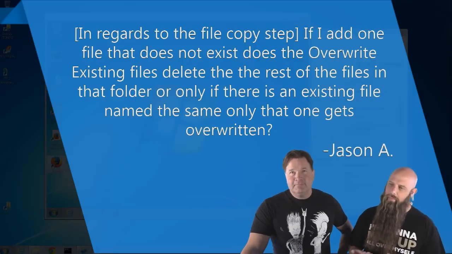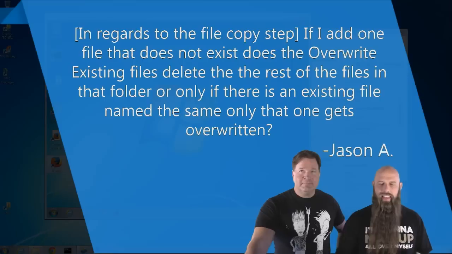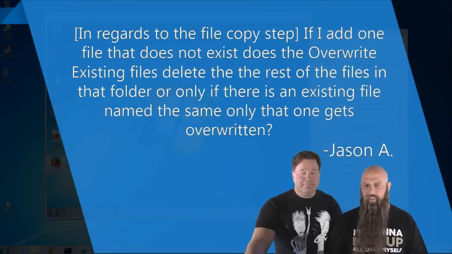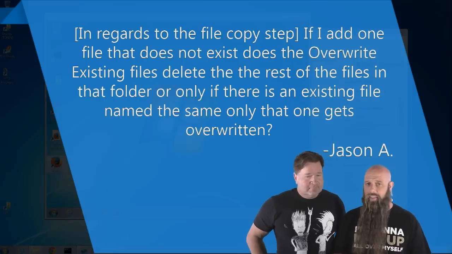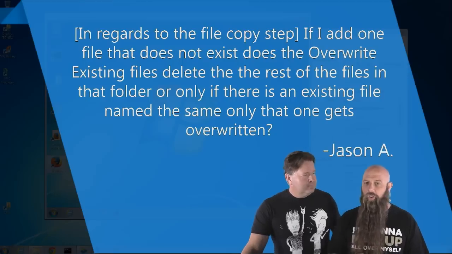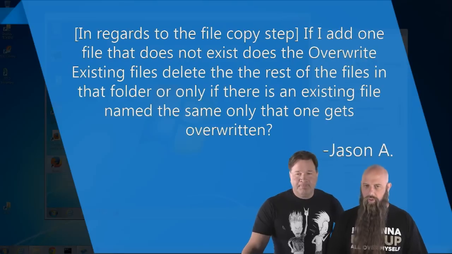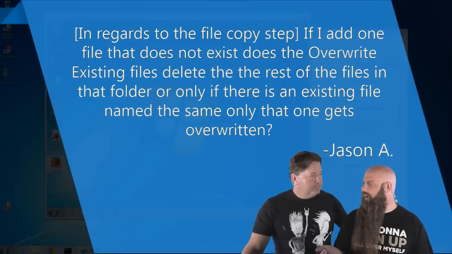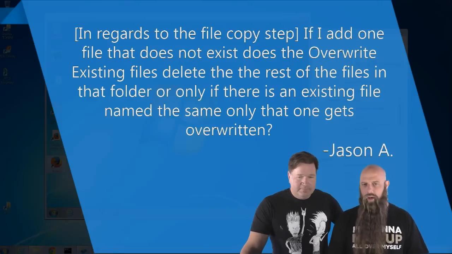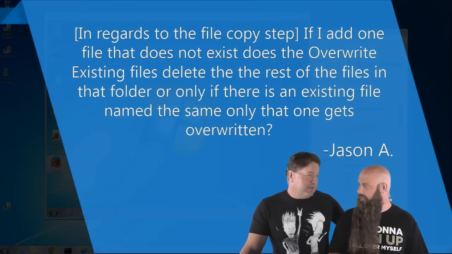What overwrite existing files means is, if you're copying a file of the same name to the same path, and there is a file or files that already exist with that name, do you want to overwrite them? So if there are 3 files in a folder and you're sending one, it'll just look at that one specifically.